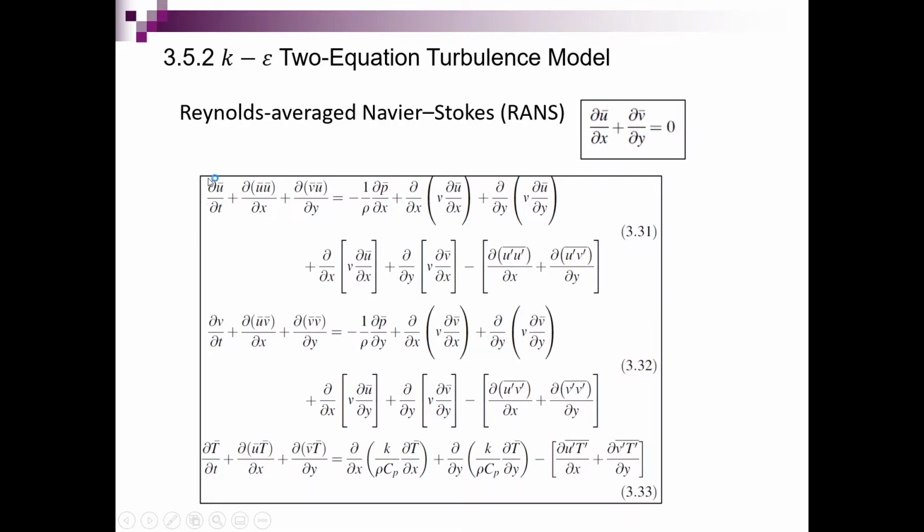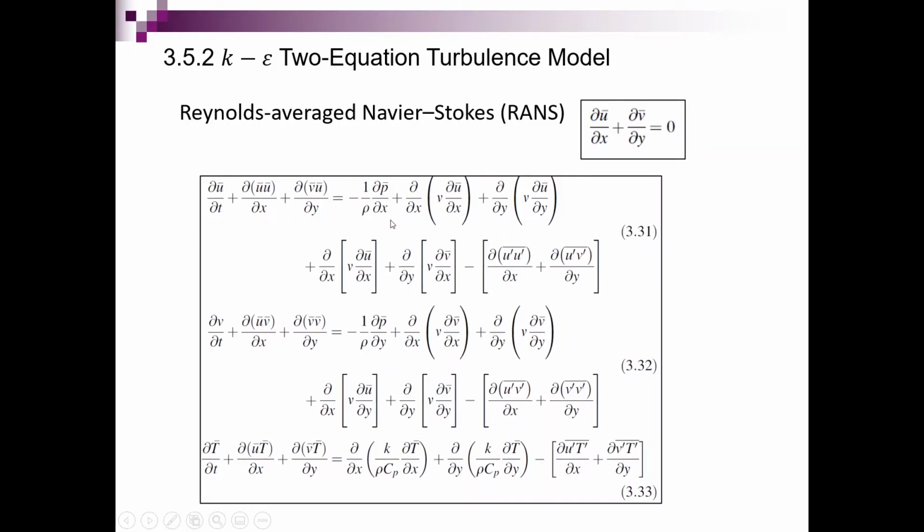In the next box, you can see 3.31, which is the momentum equation for the x component, 3.32 is the momentum equation in the y component, and 3.33 is the energy equation, where it has temperature. So these equations are for two-dimensional flow.